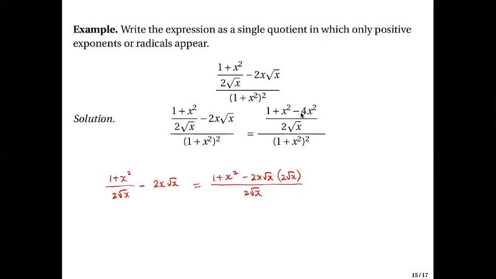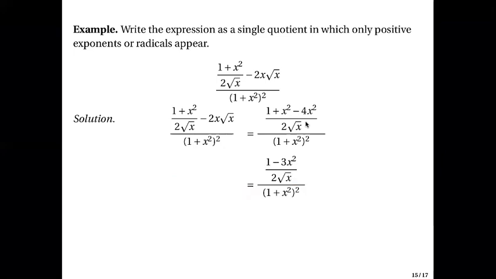When we simplify it, we get this guy here. And then further simplification, we will have this. So 1 plus x squared minus 4x squared, that's 1 minus 3 square root of x. And then you have 2 square root of x in here. And then the big denominator, it's 1 plus x squared squared.